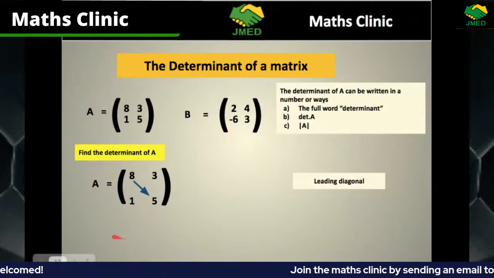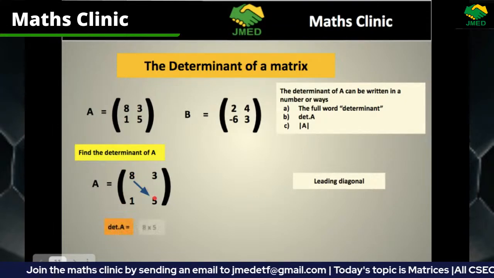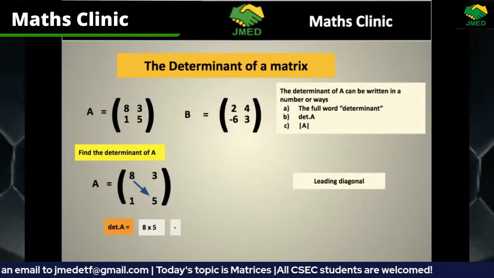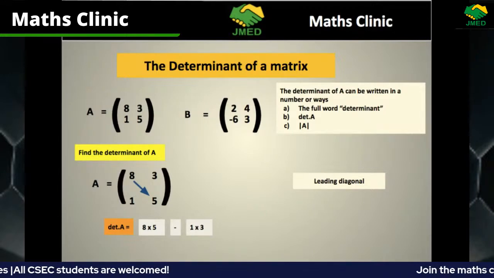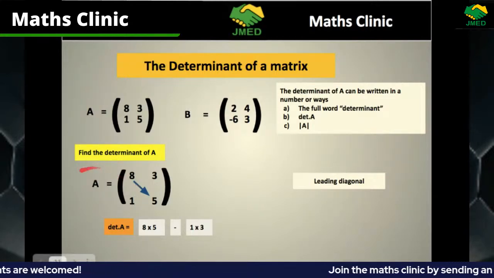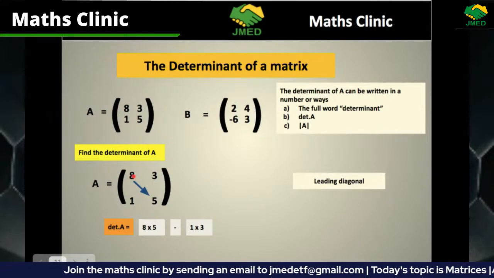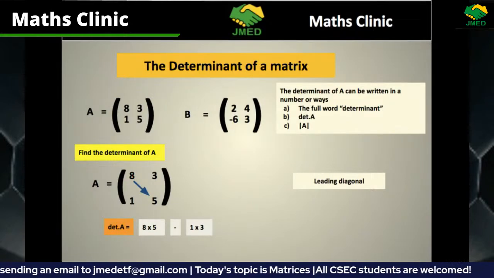We need to identify the leading diagonal in the matrix and multiply the terms along that. So the determinant of A is 8 times 5, take away 1 times 3. It always starts from the first row, first column element.